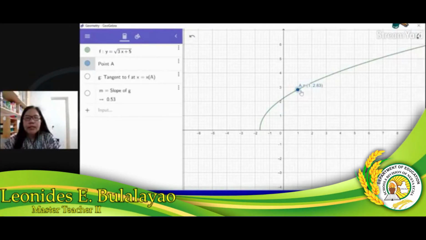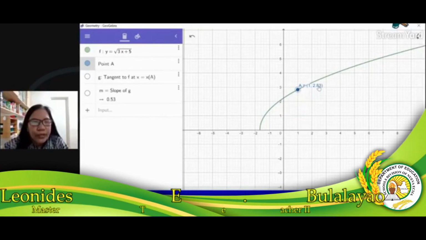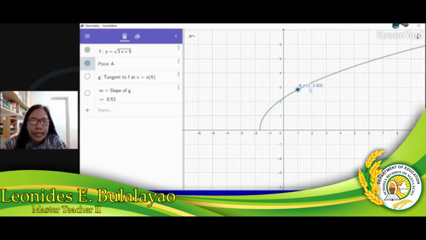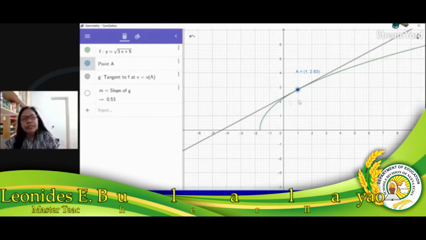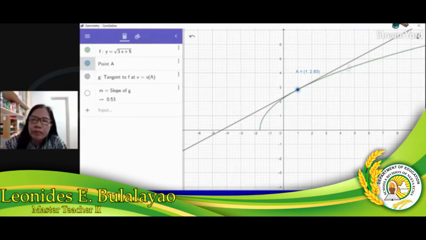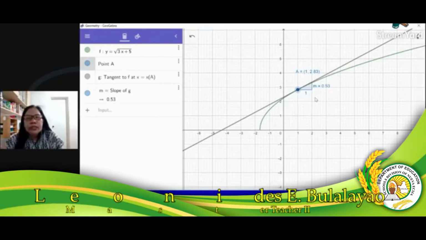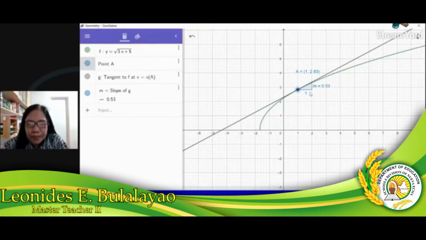So at 1, the value is square root of 8, and that is 2.83. So this is our point. And if we draw the tangent line to this point, so we have here the tangent line. And if we get the slope, that is 0.53. Okay.